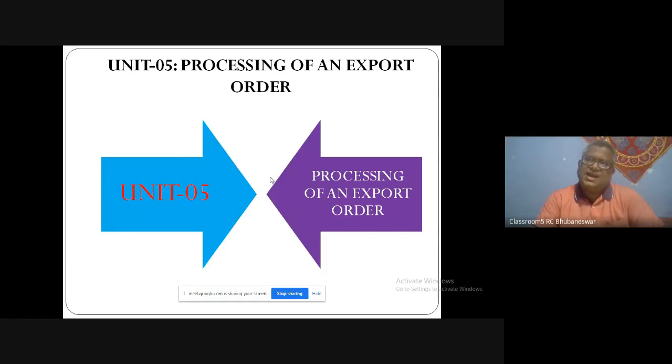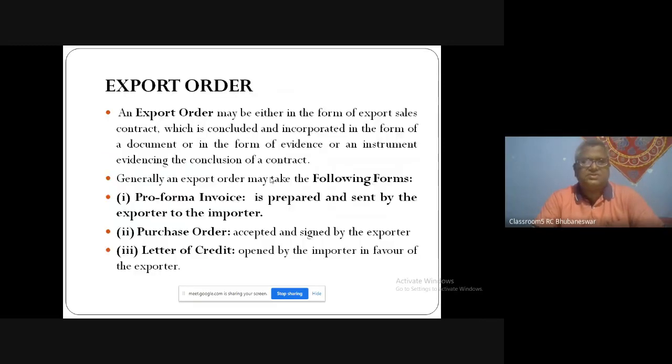My dear students, another important and interesting topic is processing of an export order. Everybody knows export, but what is an order? How should the export order be placed, and in which way can it be focused?